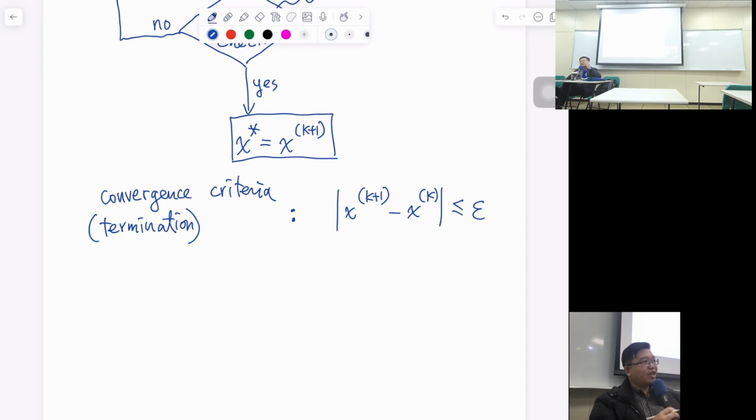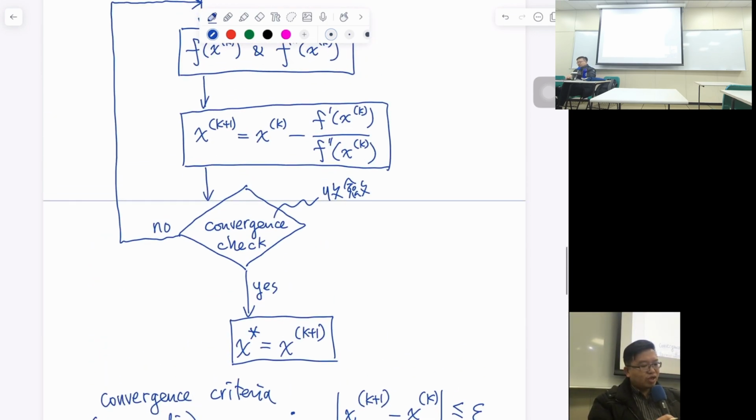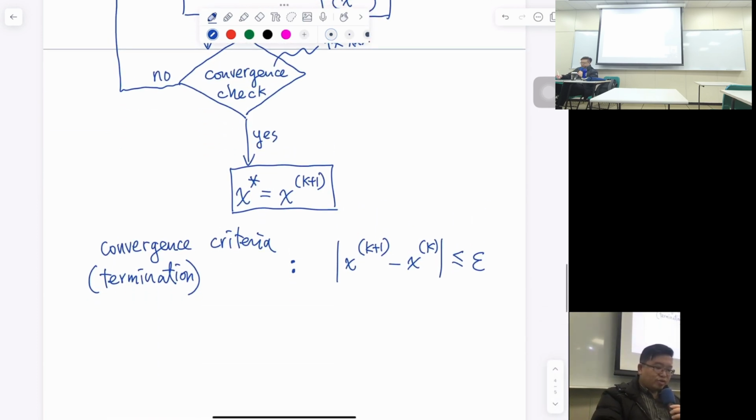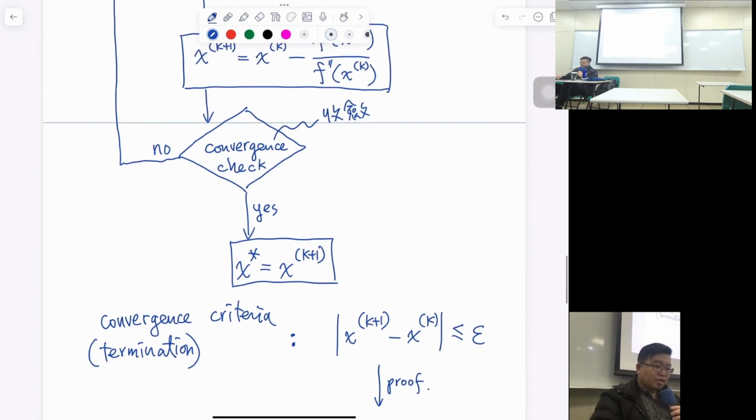So if this Newton's equation gives you a new point, but it is so close to the earlier point, that means you didn't find a newer point. Okay? So how do you prove this? If you need a proof, okay?